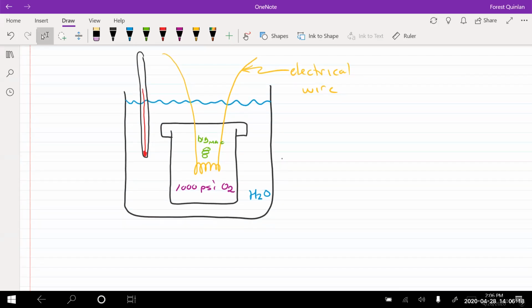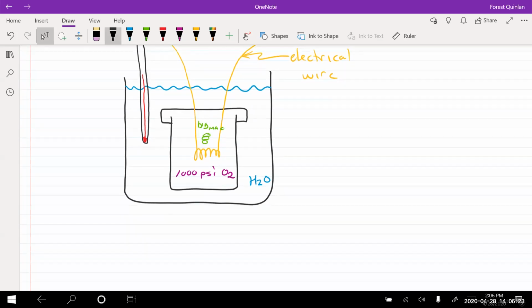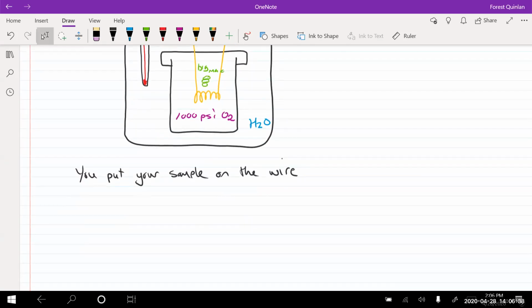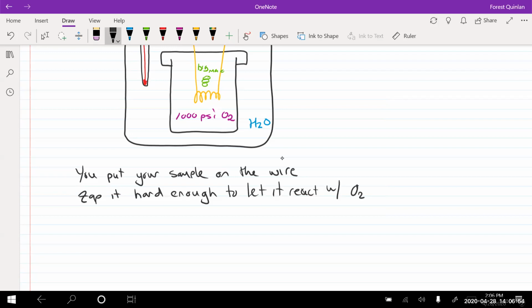So what happens with this bomb calorimeter? Put your sample on the wire. You zap it hard enough to let it react with the oxygen.